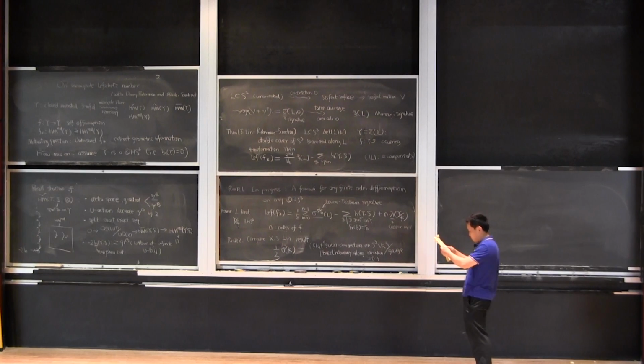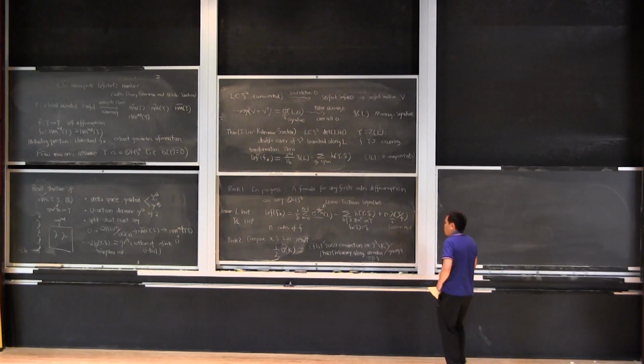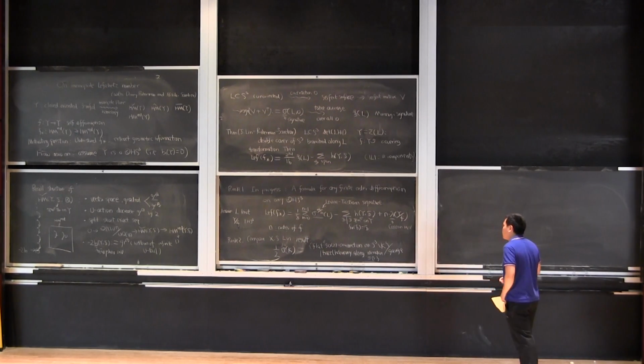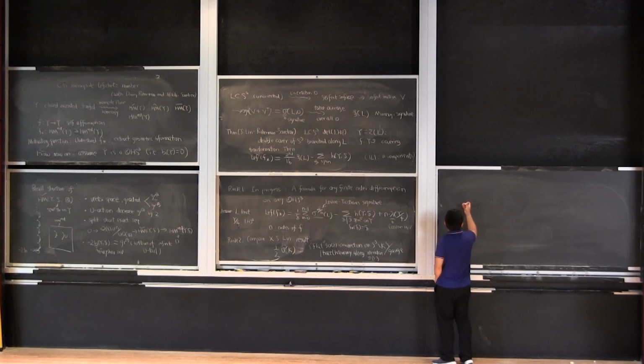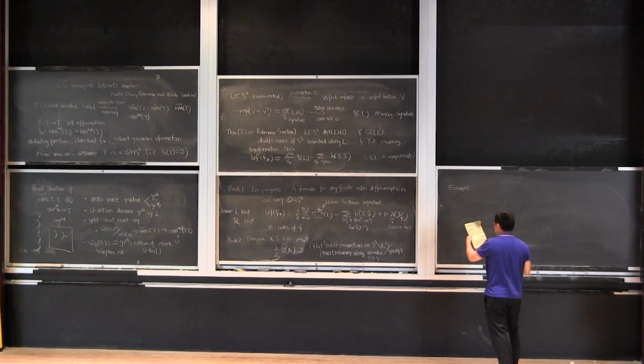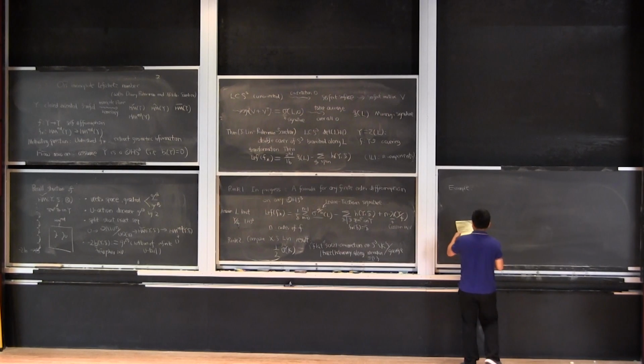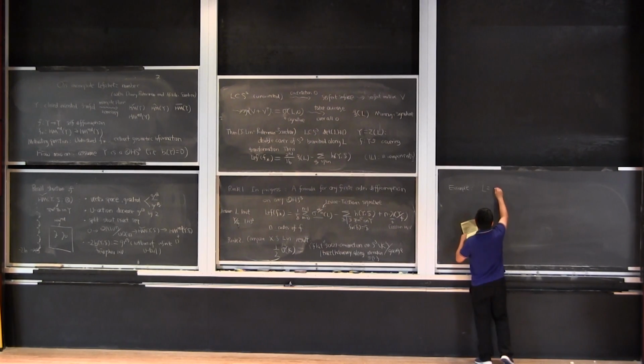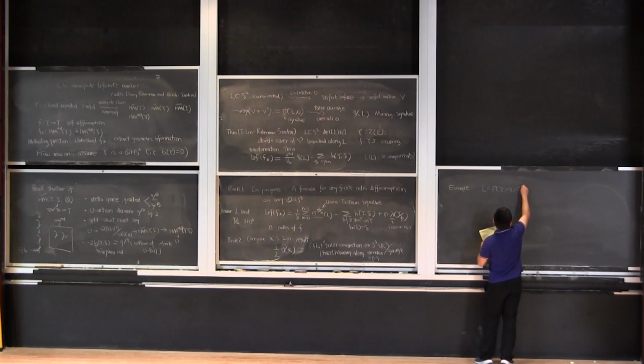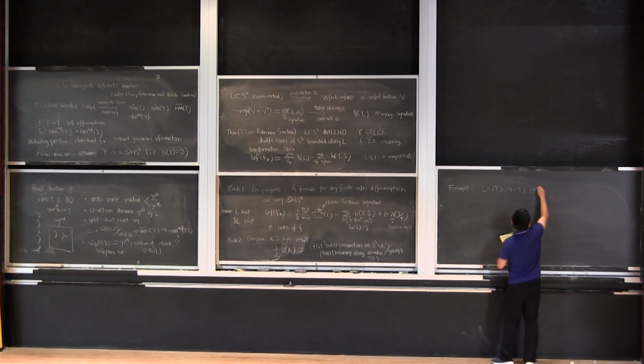Right. Before going to applications, let me just give one example calculation. Okay, so we let L be the (2,-3,-7) pretzel knot.